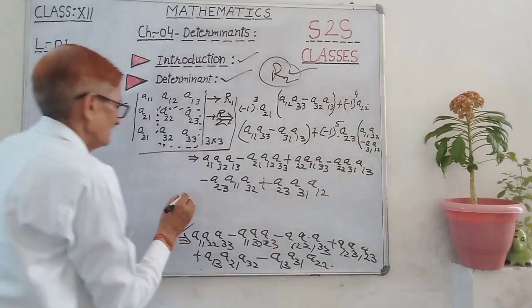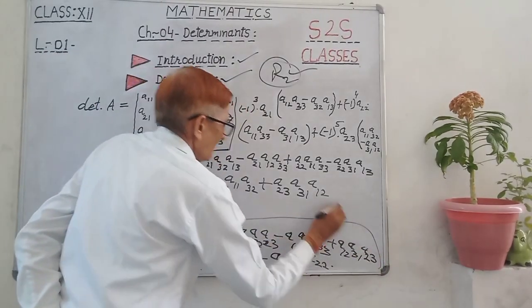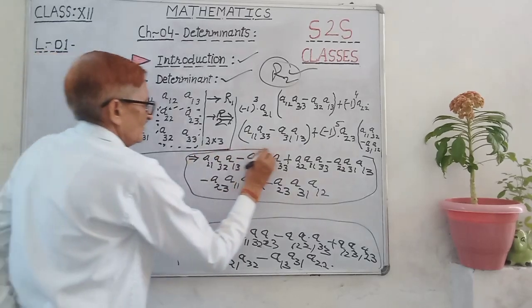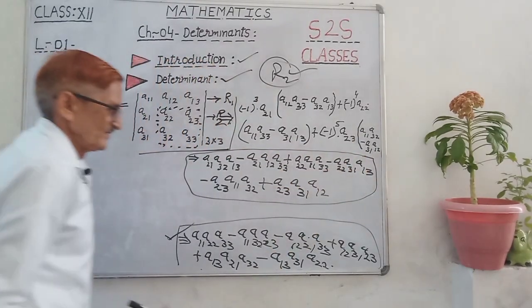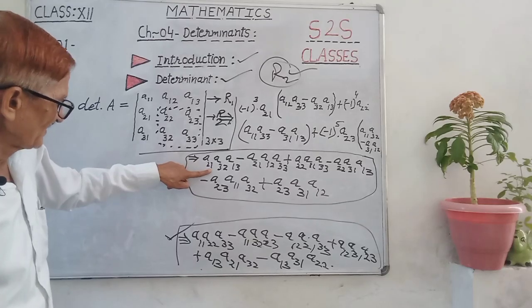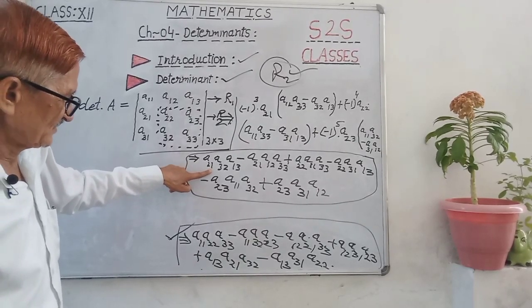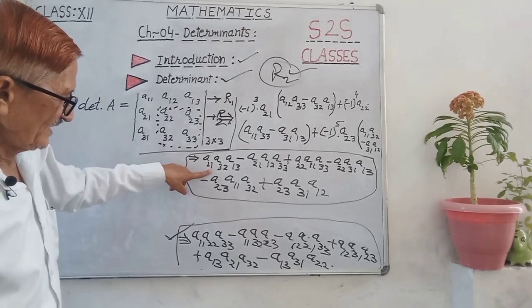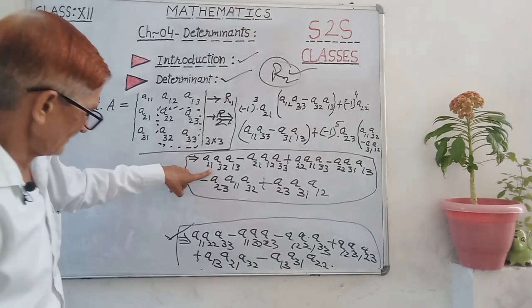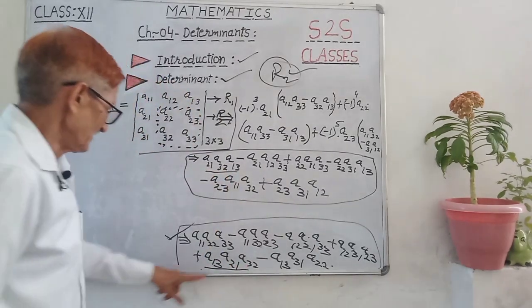Now you check this solution and this solution, both will be the same. You can see A21 A32 A13, this element, same, positive.